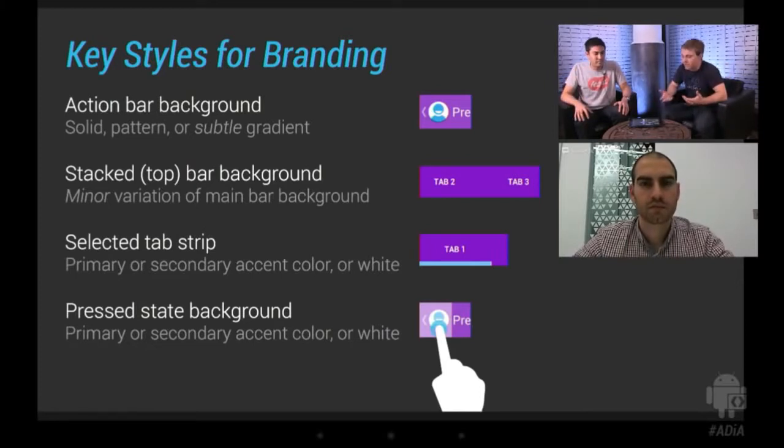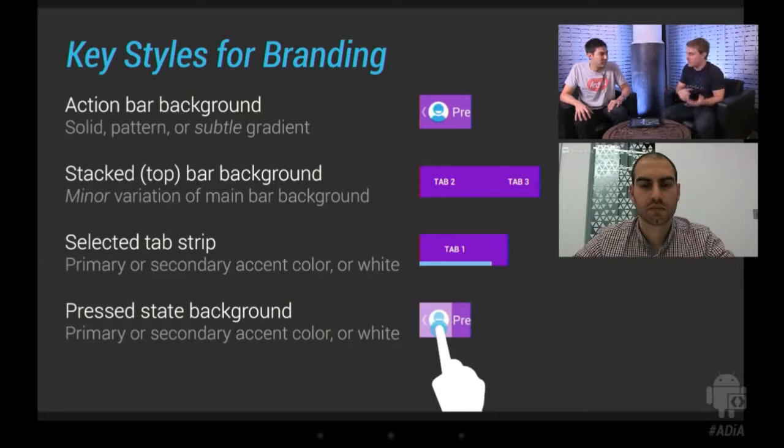For the stacked bar background, you probably want to use a very similar shade or a similar hue, but a slightly darker or slightly lighter version. The reason you don't want to do something too crazy is that, again, in landscape, your tabs can actually stack up into the top bar, and so the tabs may not have enough contrast if there's a completely different color palette between the action bar background and the stacked background.